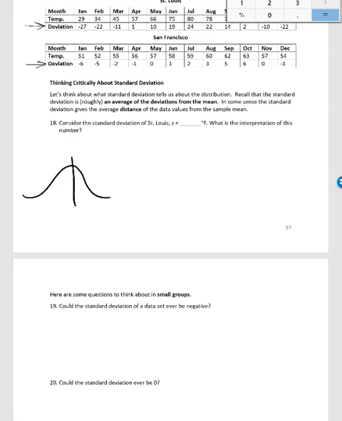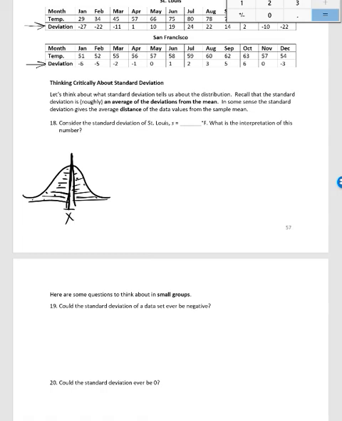It's kind of crooked, sorry. And their data points, spread out on either side, and we sort of figure out, well, how far away are they on average? What's that average distance? So in some sense, the standard deviation gives the average distance of the data values from that sample mean.